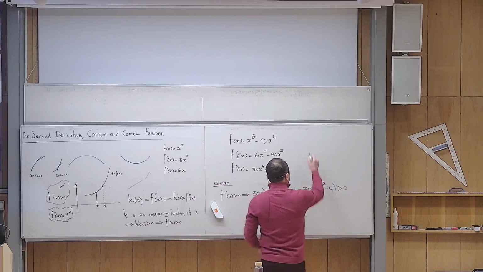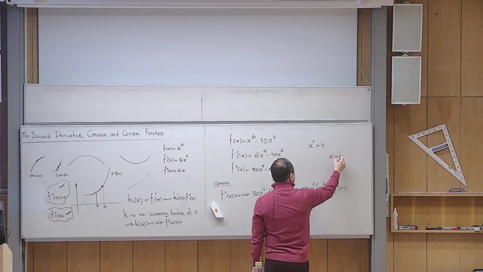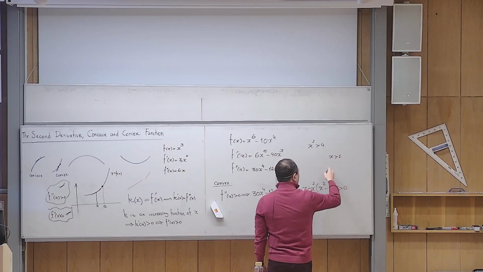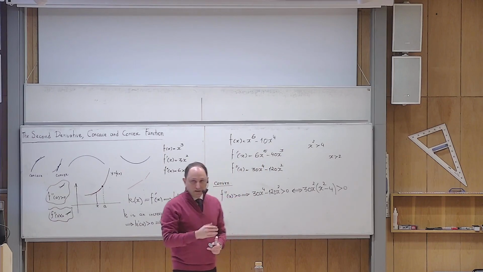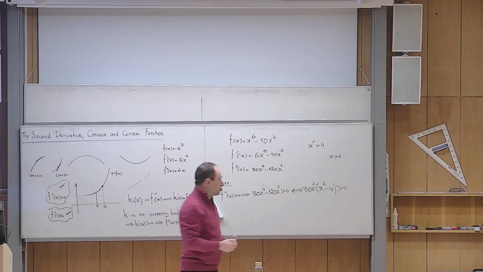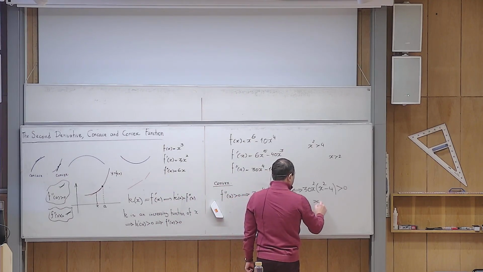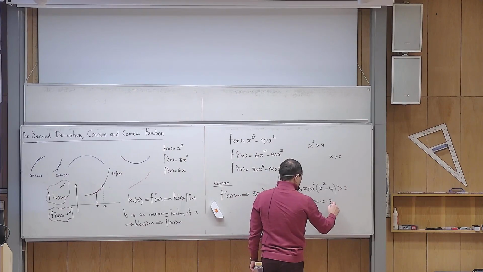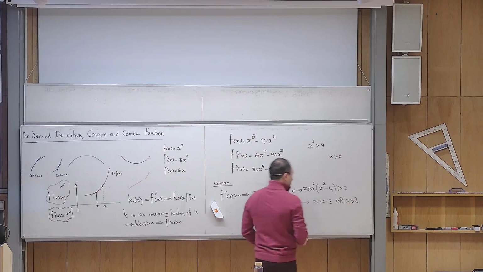But x squared greater than 4, we have talked about this several times. If you just write x greater than 2, it is not wrong, but it is not complete, because there are other numbers that this also satisfies. Or less than minus 2. So you should say that this happens if and only if x is less than minus 2 or x is greater than 2.